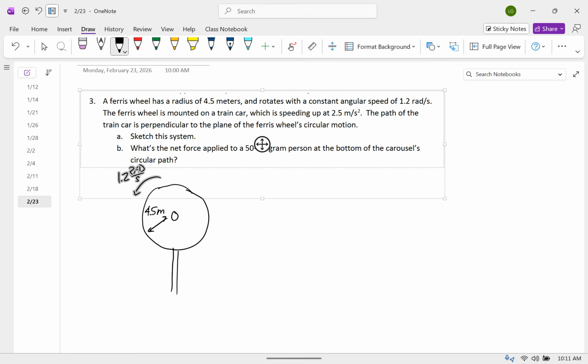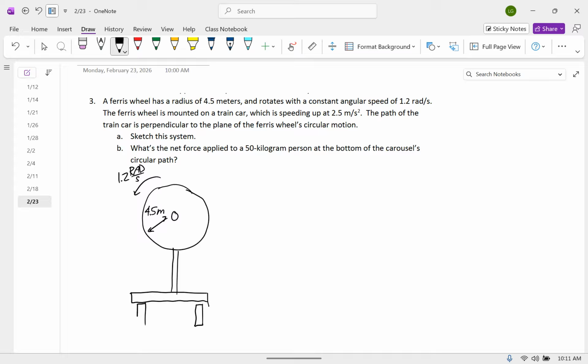Okay, so the plane of the circular motion is the page. The train is moving perpendicular to that, so it would look something like this. I'm not a great drawer of train things, but okay, there's the train, and we're going to say it's accelerating into or out of the page. Our coordinate system is X, Y, Z coming out.